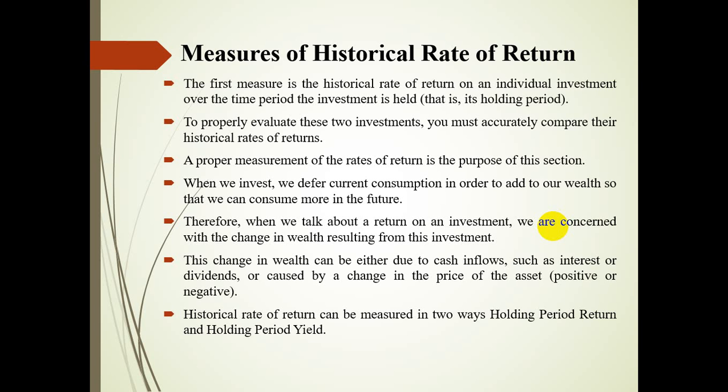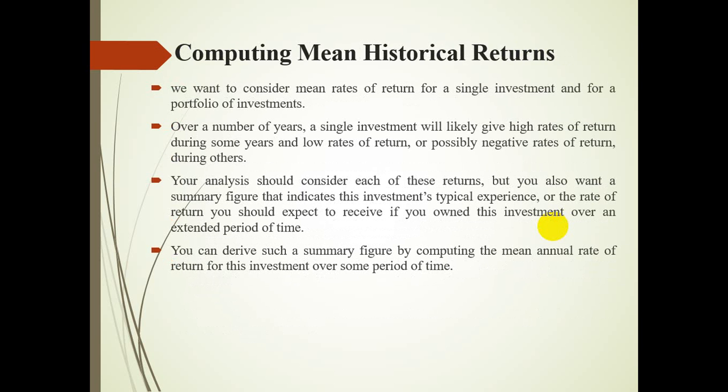And then the next one, the historical rate, so we discussed calculating by that method, right? And then the last thing for today's session is computing the mean of historical return. We discussed HPR and HPY, how to calculate for a single period, how to calculate for a year, how to calculate for different investments, and how to compare these.